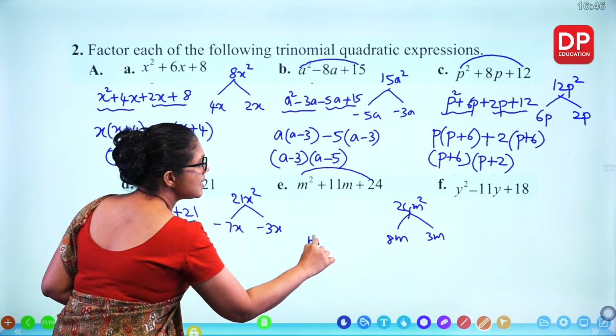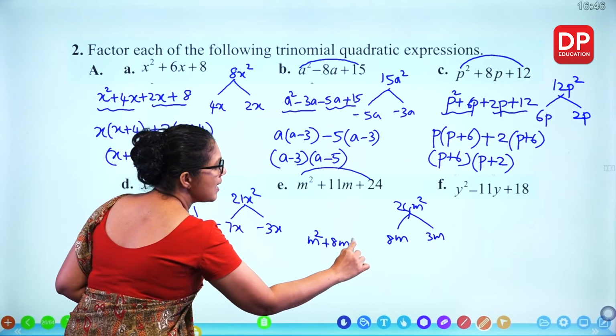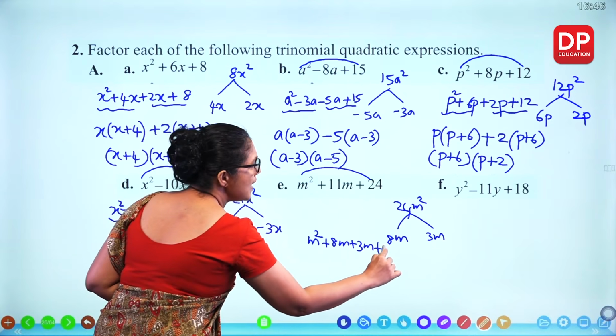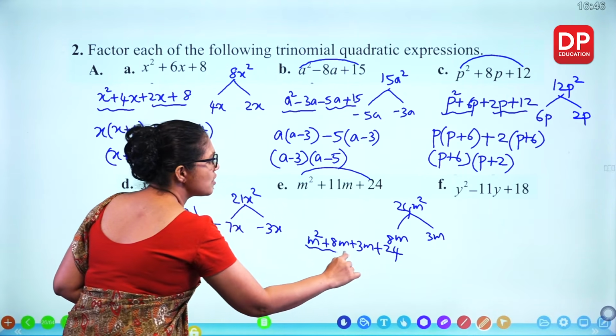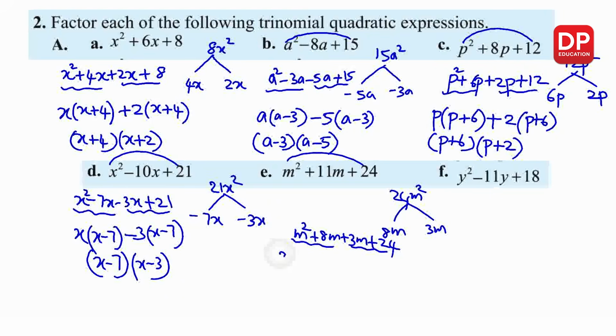So split the middle term into 8m and 3m and then take two terms separately. M is common, take it out, m plus 8 remaining. Plus 3 is common, take it out, m plus 8 is remaining. Now we can see m plus 8 is common and m plus 3 remaining.